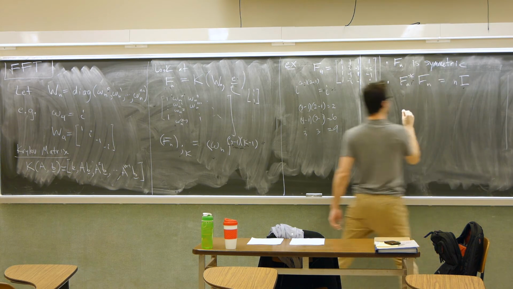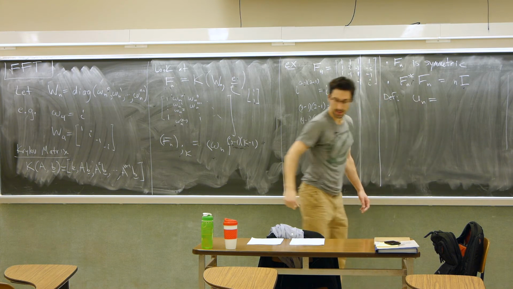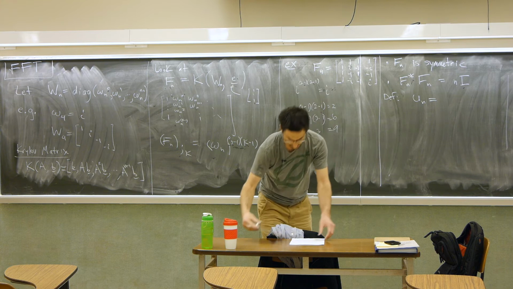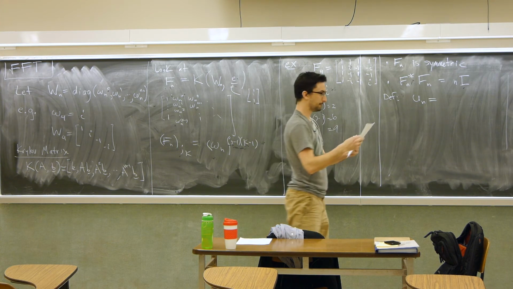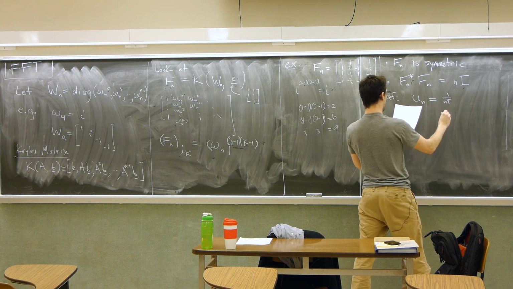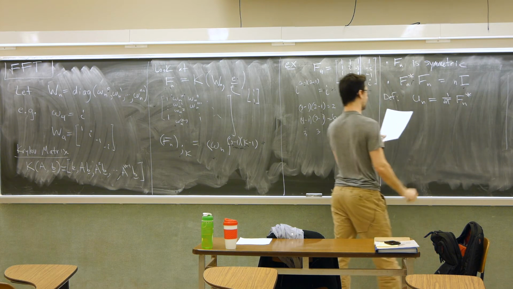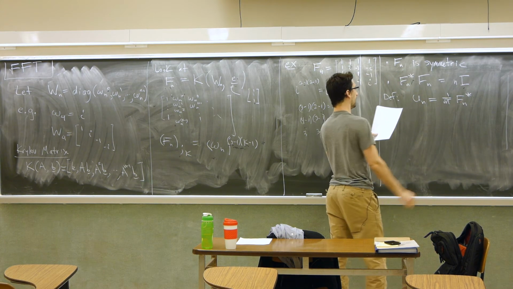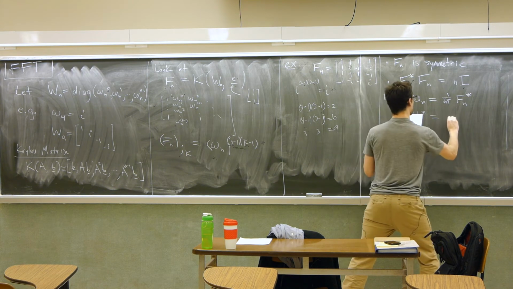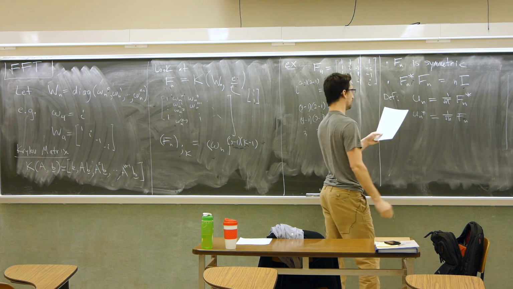And what that means is if we define Un, I'm going to define this a particular way so that some algebra works out easily later on. Define Un to be 1 over square root n times the conjugate of Fn. Okay, and that means that the conjugate transpose of Un is simply Fn. There we go.